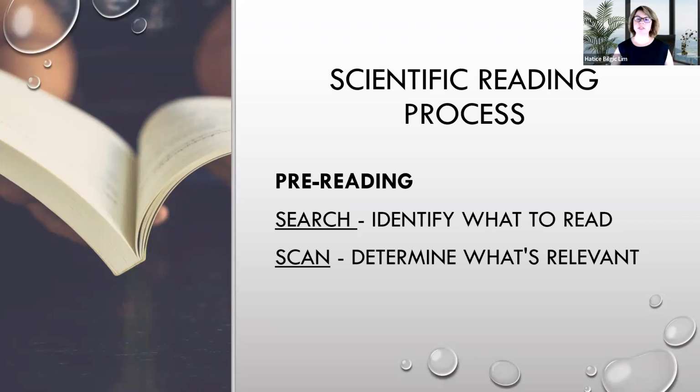Before you can start reading, you need to have the material to read. Frequently, you're given the material as part of a class or by your thesis advisor. Other times, you may be asked to do a search on your own and pick the articles or books that are most relevant for your purpose.